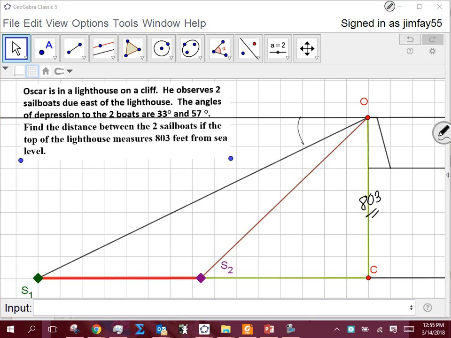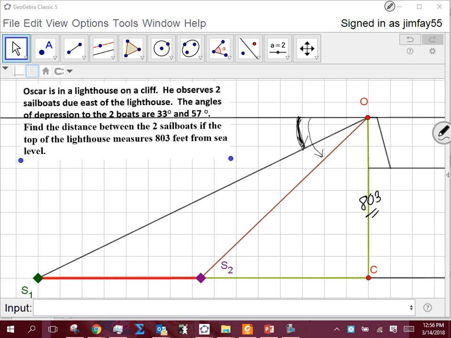Would you agree that that is an angle of depression from Oscar to one of the sailboats? Because that's a horizontal and a line of sight, right? Is that another one? Can you tell me which one's 33 and which one's 57? Because one's smaller and one's bigger, right? Okay. So this one here, the smaller one's got to be 33, correct?